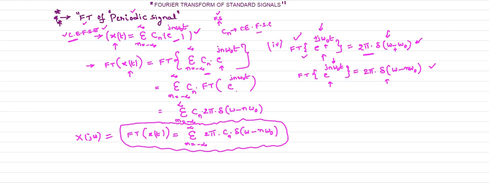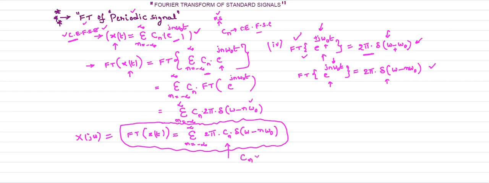So I just use that formula in this equation. What is the Fourier transform of e power jn omega naught t? Instead of omega naught, here n times omega naught is there. So you just substitute, replacing omega naught by n times omega naught. So this is the formula for the Fourier transform of a periodic signal. In this you have to find the Cn.